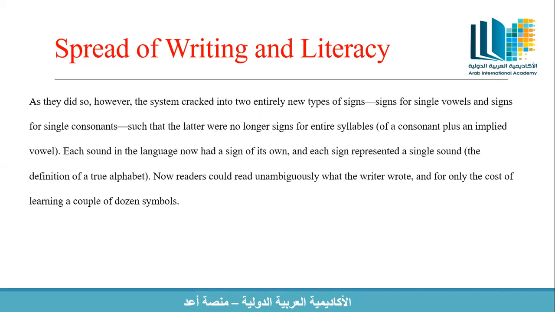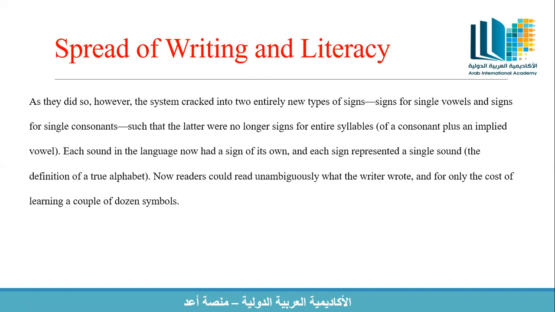As they did so, however, the system cracked into two entirely separate types of signs, signs for single vowels and signs for single consonants, such that the latter were no longer signs for entire syllables of a consonant plus an implied vowel. Each sound in the language now had a sign of its own, and each sign represented a single sound, the definition of a true alphabet.